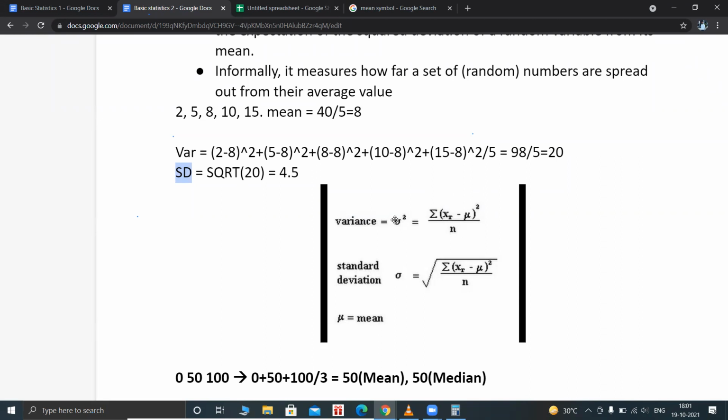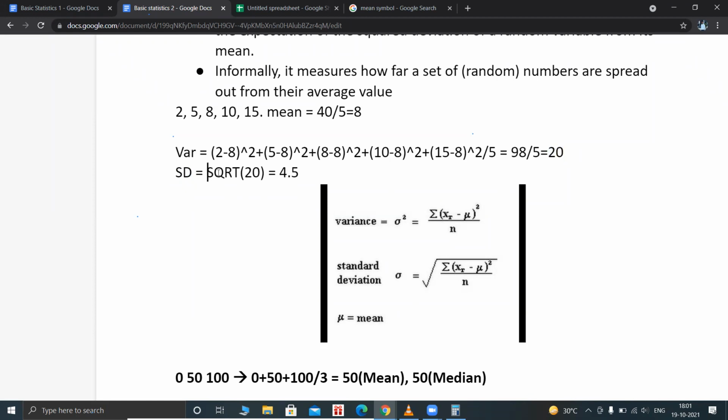Earlier I had sigma squared, but if I want sigma, I need to take the square root on each side. Then the square and square root cancel, and on the right-hand side I get the square root of the variance, which is 20.